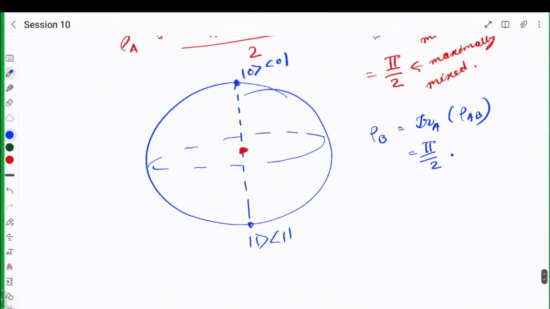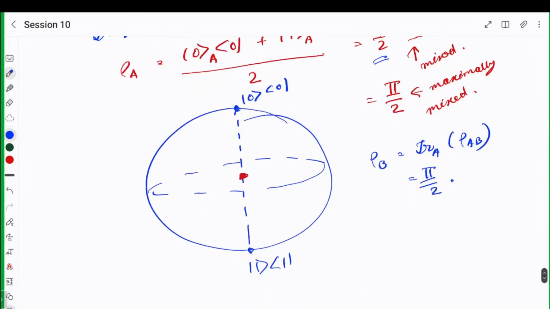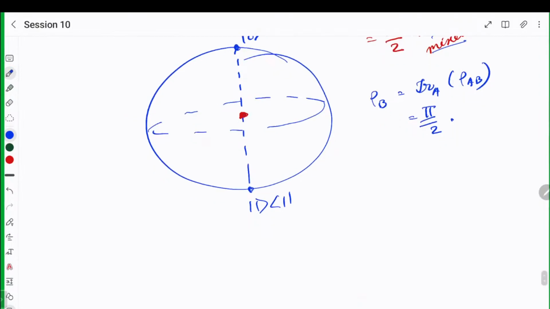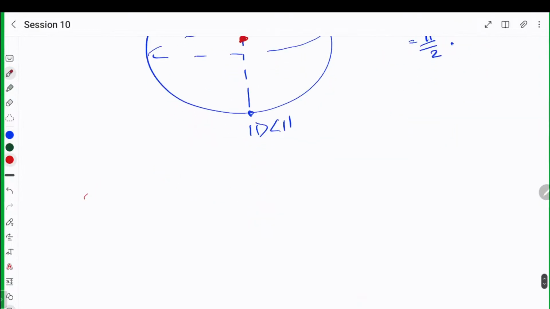So yeah, we saw that if it is a maximally entangled state, then we will get a maximally mixed state. I'll give you an example of what happens if I take a non-maximally entangled state.